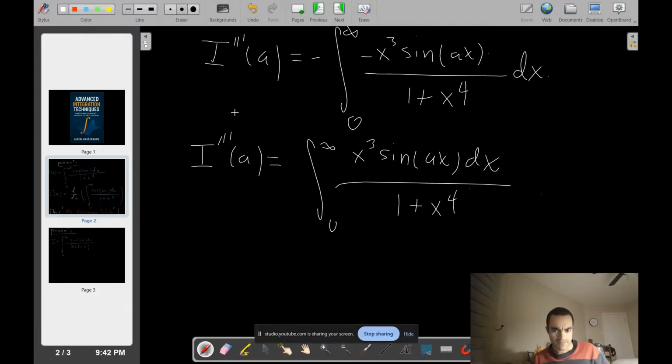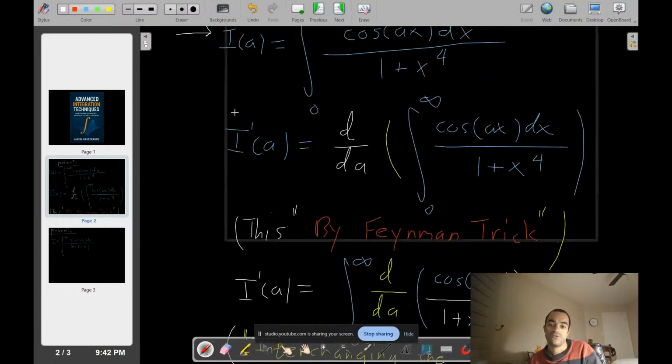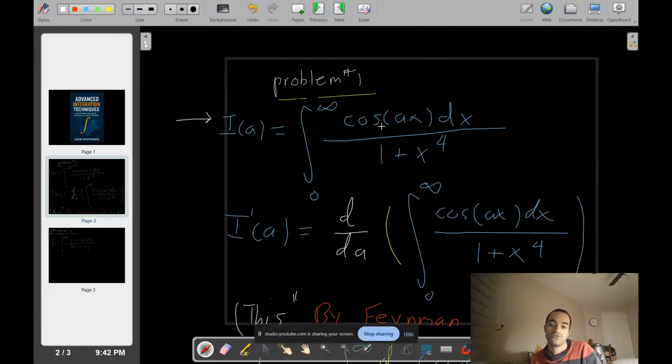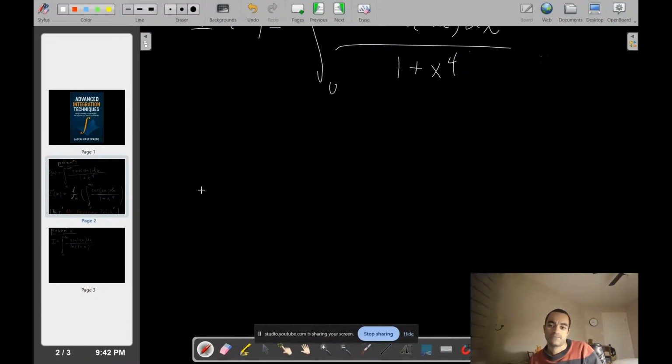I'll give you some time, maybe 2 minutes or something, if someone can offer their view of how to solve this. What we did is we decided to use the Feynman trig approach because we saw that our original integral was a function of a parameter a. So it's written in terms of a Feynman integral, okay?